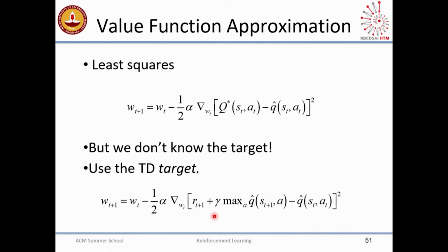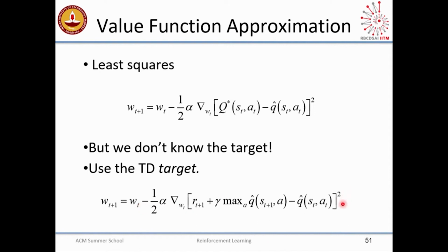I look one time step down and use that for my q star, which is essentially R_{t+1} plus gamma max over a of q hat of s_{t+1} comma a. What does this resemble? This whole thing is what you had as your update rule. This is called the TD error. So you take the square of the TD error, take the gradient with respect to it, and then you do the update.